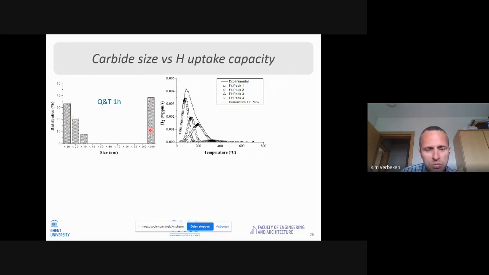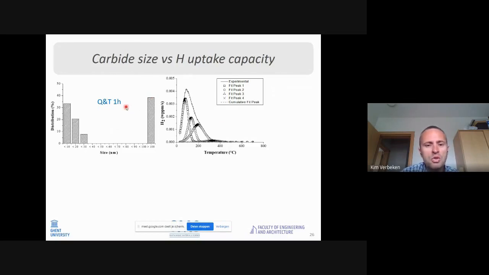There were also some large carbides, which apparently were not dissolved when we did the annealing treatment. But these large carbides, they are so incoherent that actually they don't trap any hydrogen anymore. And you will see that the larger carbides don't trap any hydrogen anymore in a minute.